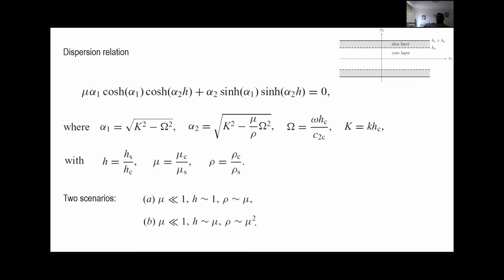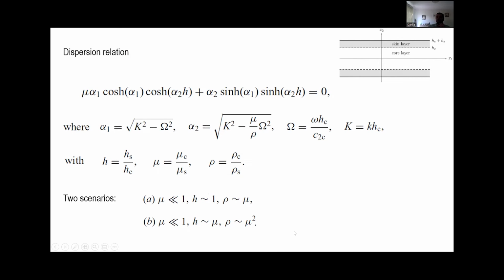Well, they are still different because the main thing is in geometry. In the first case, the ratio of thicknesses is of order 1, so we are speaking about roughly similar thickness of the layers, whereas in the second case, the thickness of the skin layer is much smaller compared to the thickness of the core layer.